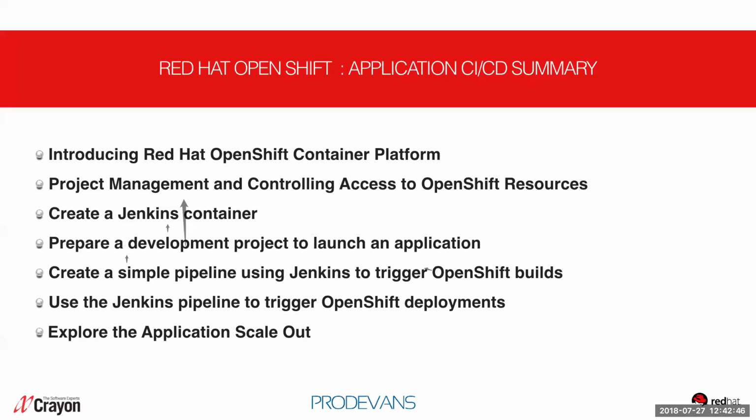We created Jenkins, and Jenkins is running as a container. So we created the CICD project where the pods are Jenkins, Maven, SonarQube, as well as, what else? Gogs, okay, Nexus. All of them were created.